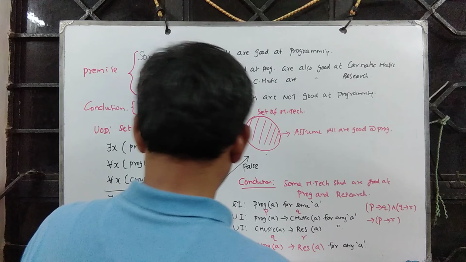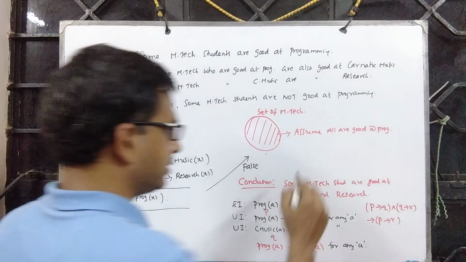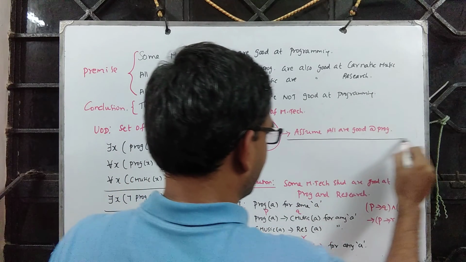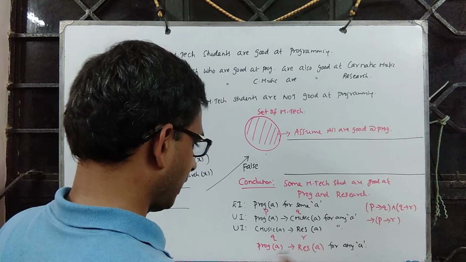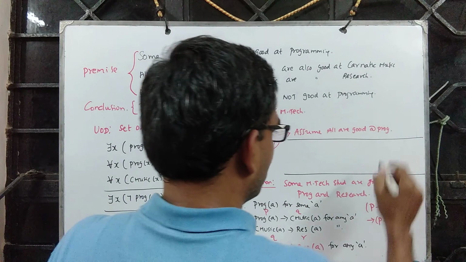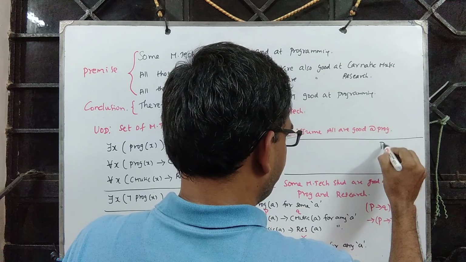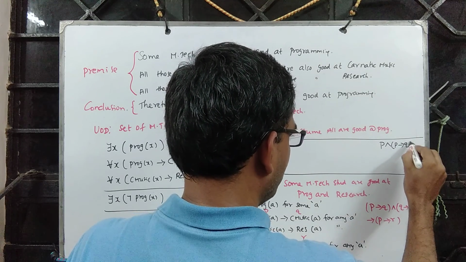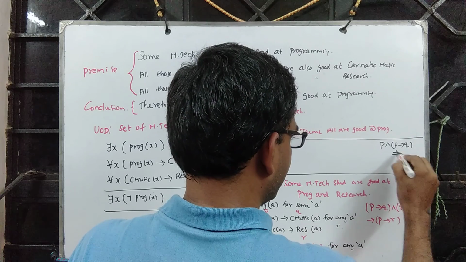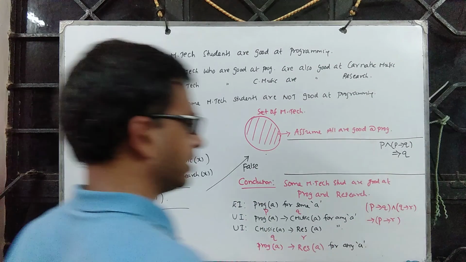Now, let's look at this again. We also know that P and P implies Q implies Q. This is a tautology.